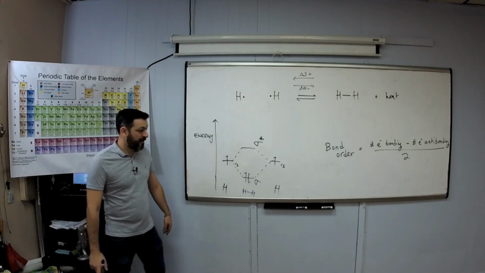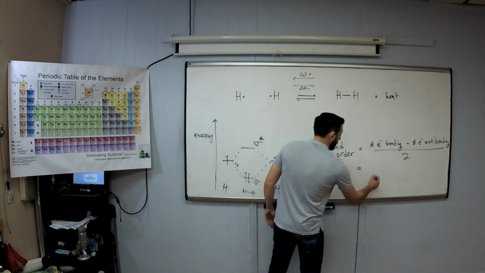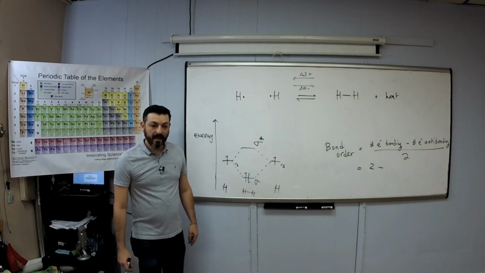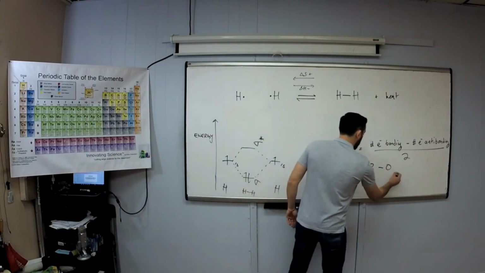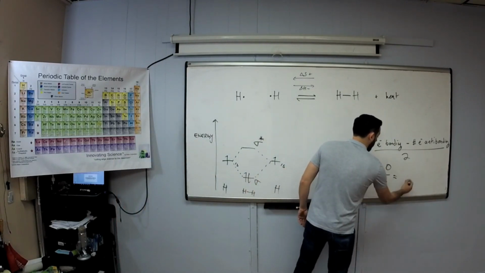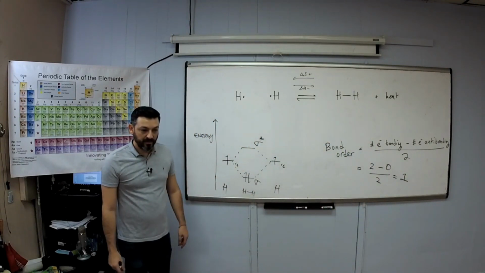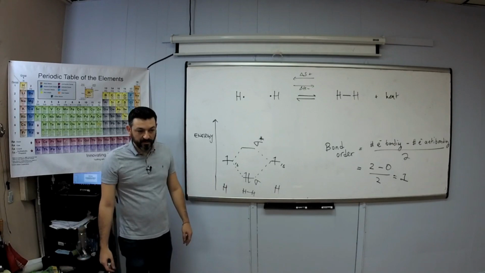How many electrons are there bonding? 2 electrons bonding. Minus how many electrons anti-bonding? 0 electrons anti-bonding. Divide that by 2. What's the bond order? 1. Well, isn't there a single bond between H2? That's the bond order, 1.